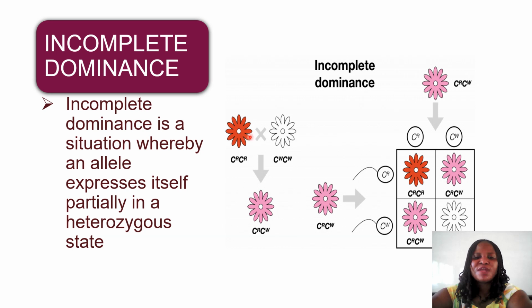We have a red flower and then a white flower. The outcome is supposed to be either a red flower or a white flower, but that is in Mendel's inheritance. But when it comes to this case, you realize that we have a pink flower here, which does not follow Mendel's experiment.